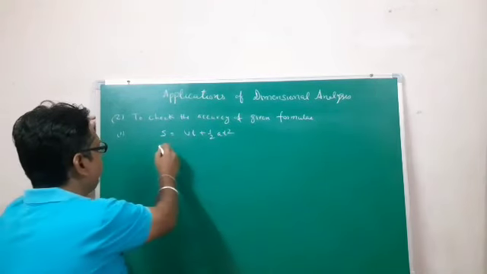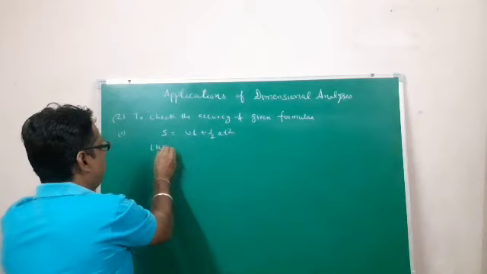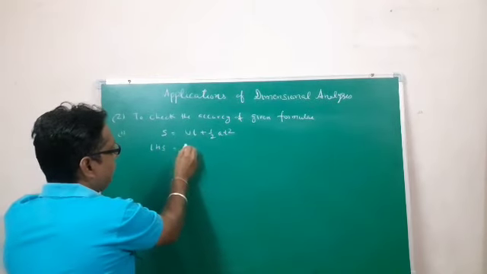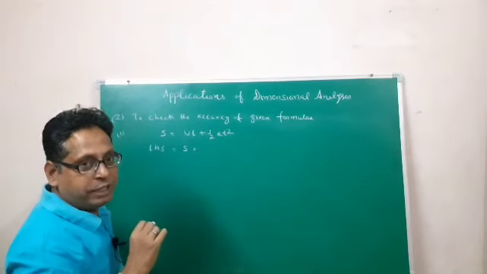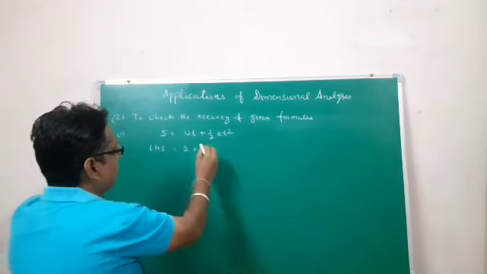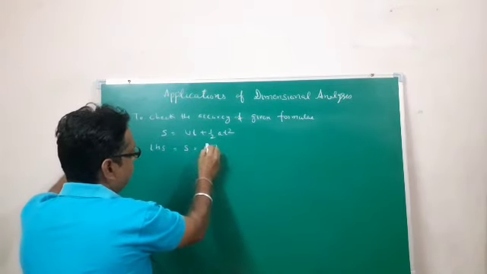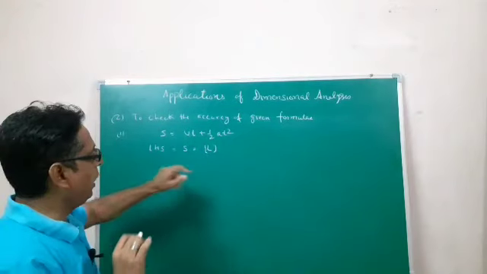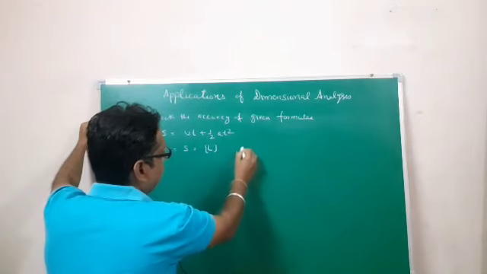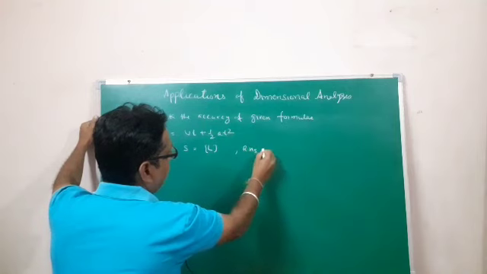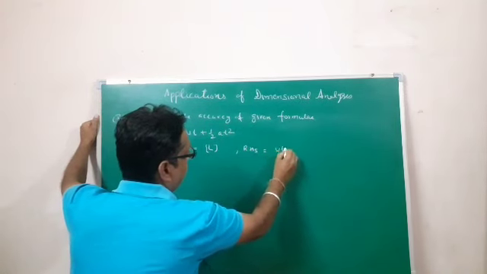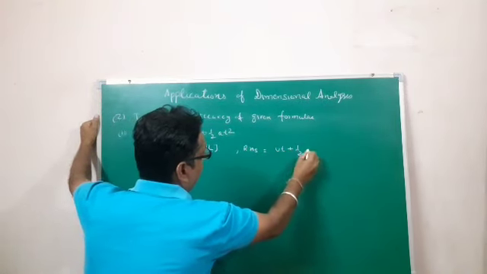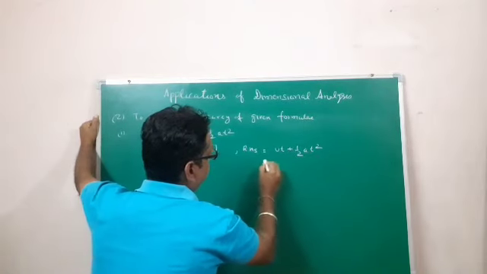So let us take the left hand side. What is the left hand side? This is s. s, you know, is distance, right? So distance means length, so it has dimension L. Now move to the right hand side. Right hand side, I have ut plus half at square.